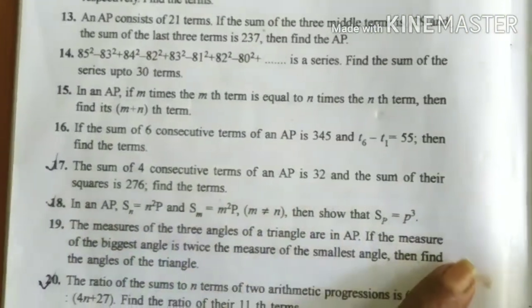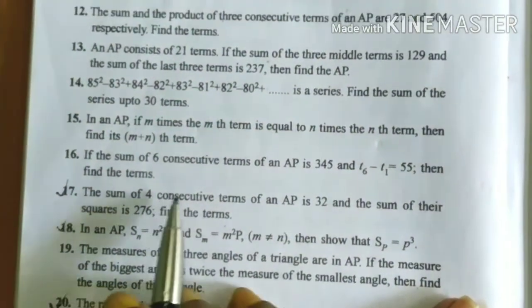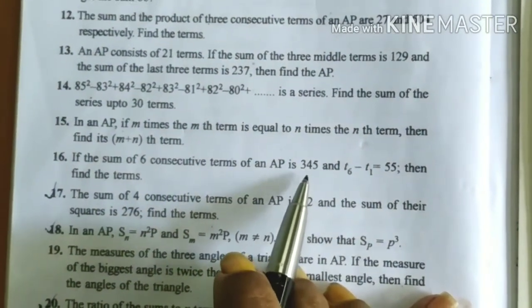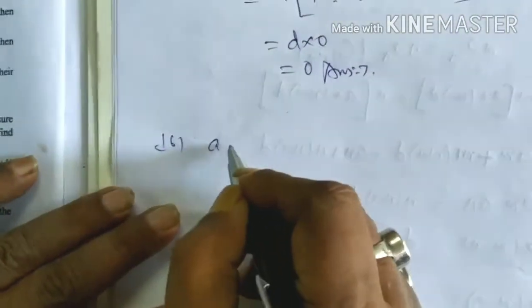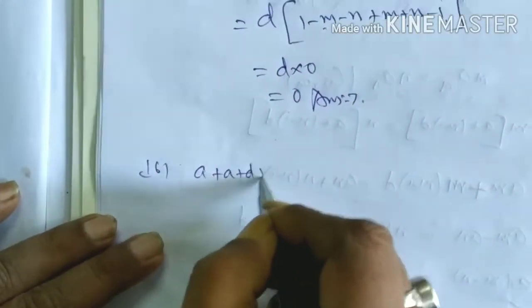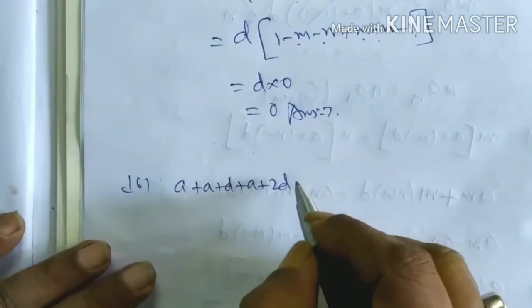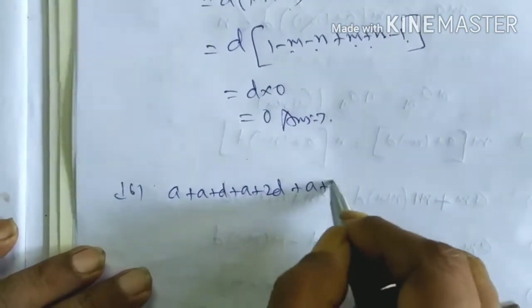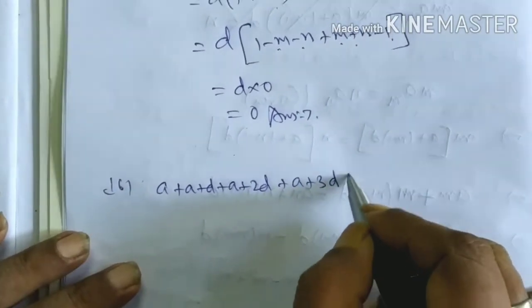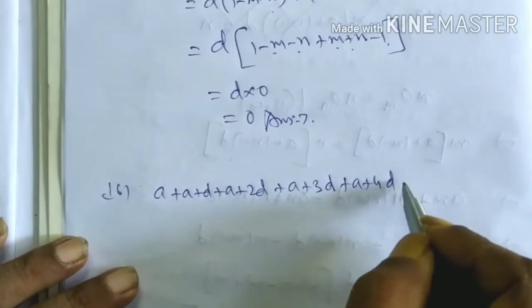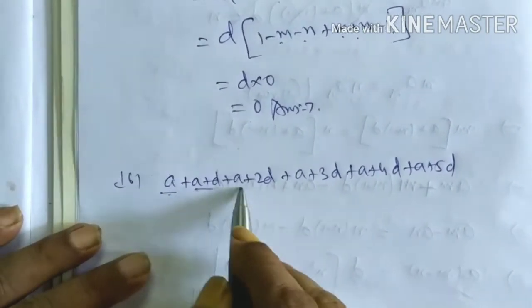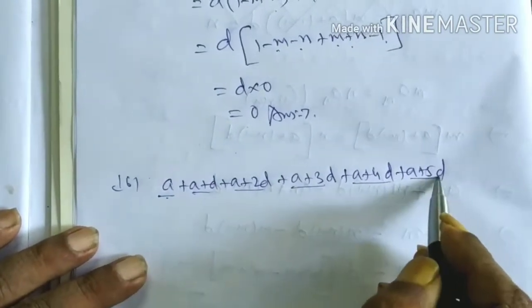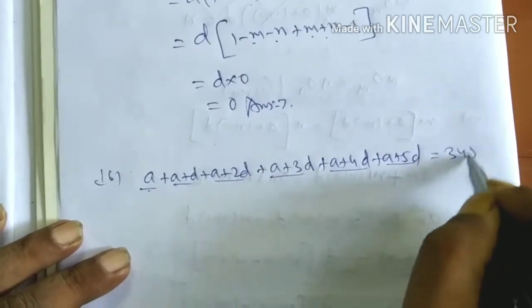Now I am going to question number 16. If the sum of 6 consecutive terms of an AP is 345, the 6 consecutive terms are a, a plus d, a plus 2d, a plus 3d, a plus 4d, a plus 5d, and the sum is 345.